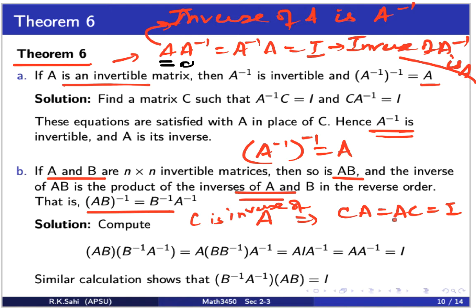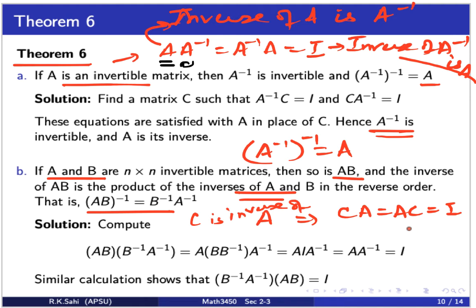Do you see that here? AB is also a matrix, so you can think of AB as C. If AB is multiplied with its inverse, it doesn't matter whether the inverse is on the right hand side or on the left hand side, I should get the identity.